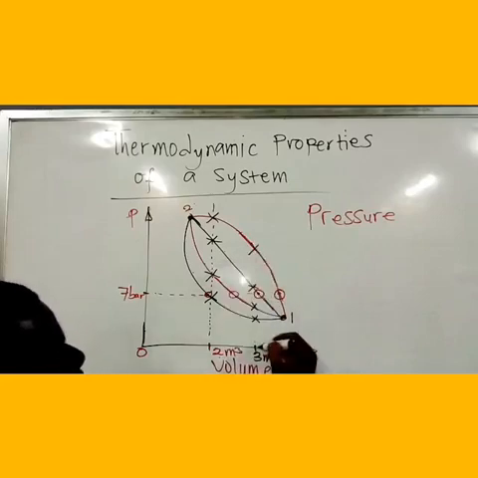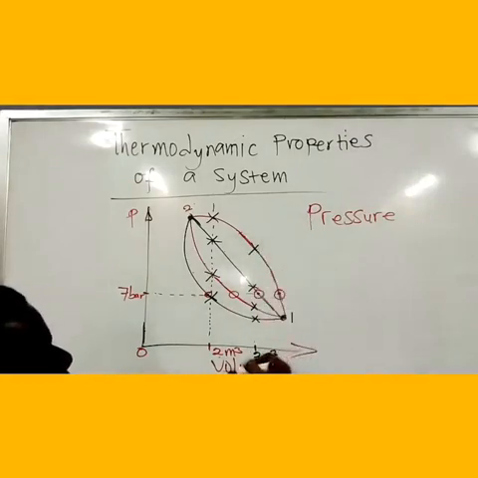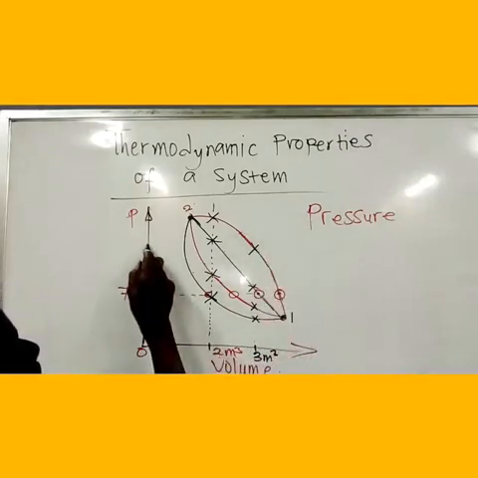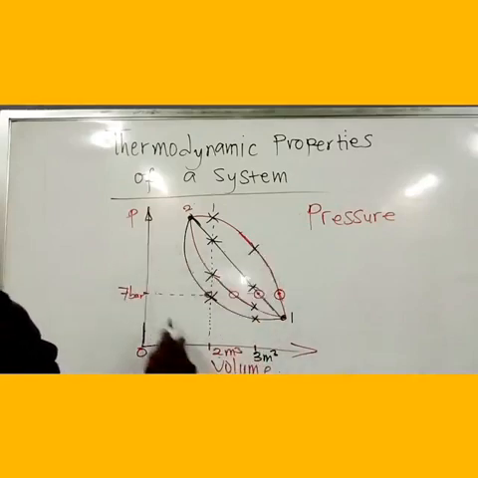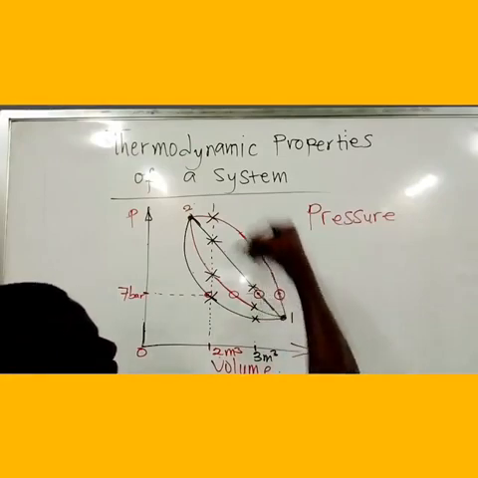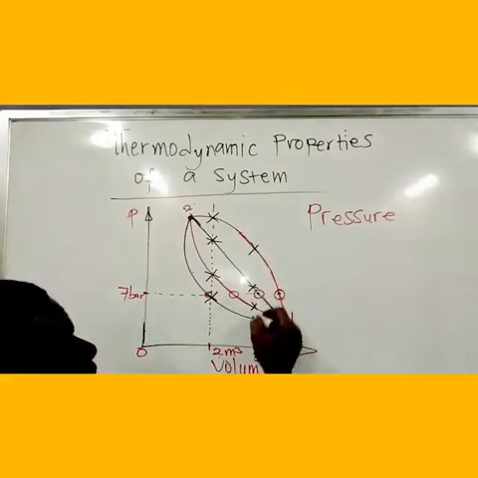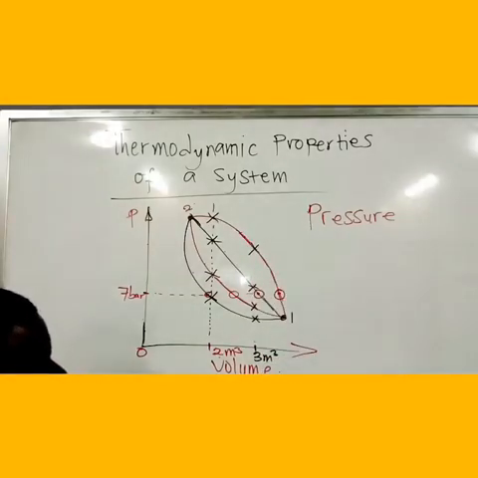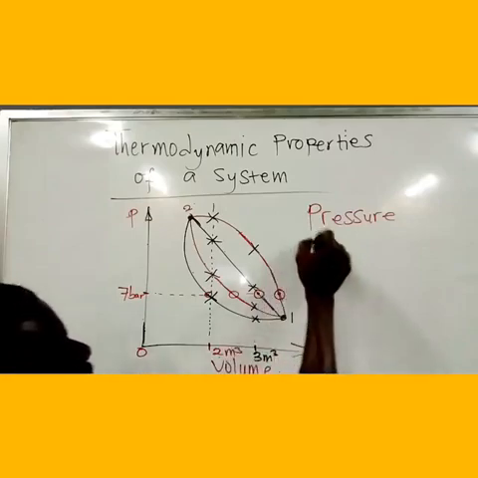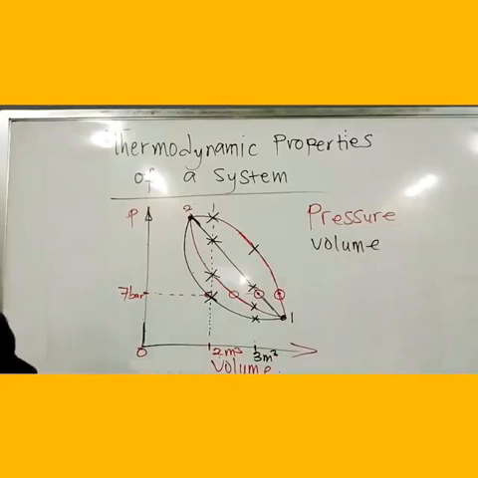So we can have the same 3 meter cube along the vertical axis, which means that from here to here is 3 meter cube, from here to here, this side, is 3 meter cube. So volume does not depend on the path. We have the same pressure, regardless of the path, the same volume. So volume is a thermodynamic property of the system.